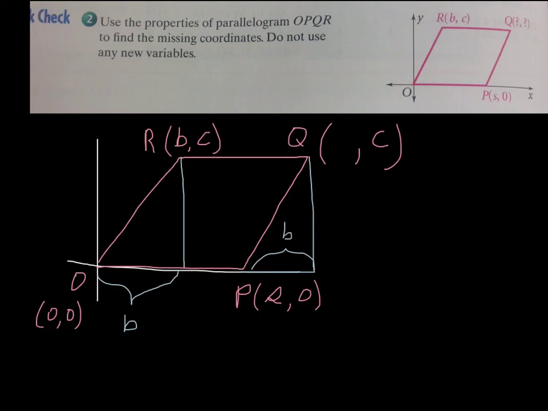Well, if that's B units and this distance is S units, then the x-coordinate of Q is simply B plus S, comma, C. Right there is your coordinates of Q. This is the answer to quick check number 2, and this concludes lesson 6.6 and chapter 6.